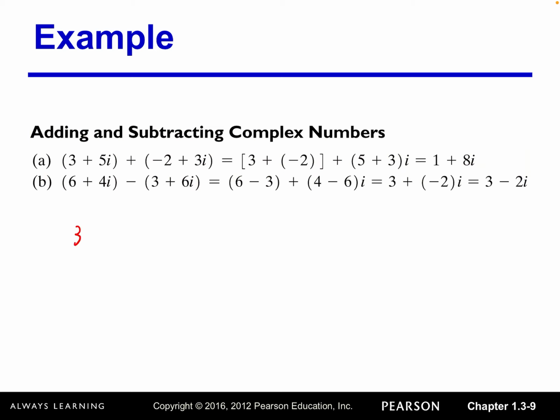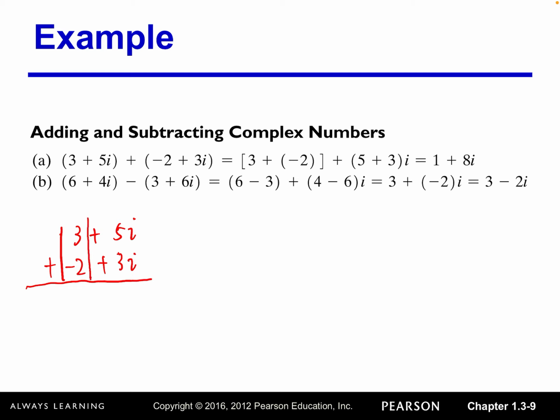The first one, we want to do 3 plus 5i, and then plus -2 plus 3i. I will suggest you to do the addition subtraction in the vertical way, so you automatically line up the real part with imaginary part, okay, so you won't mess them up.